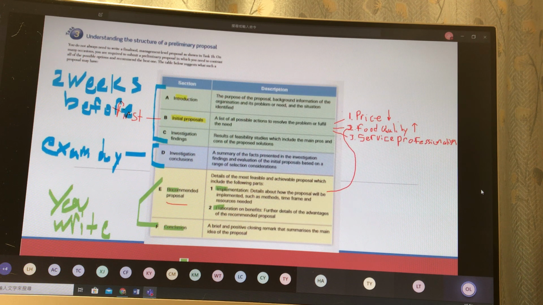And then I will give you E and F. And then you will write E and F. Let me know if that makes sense. All right, any other questions about that?